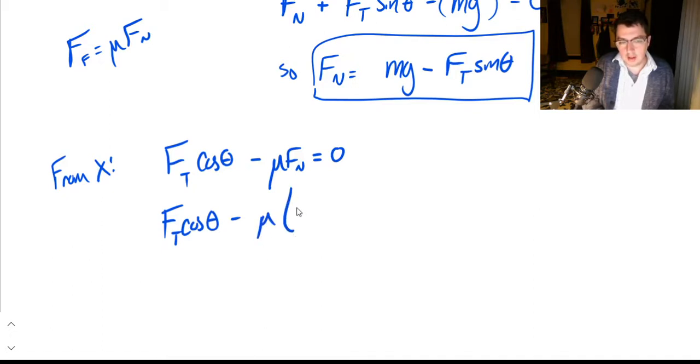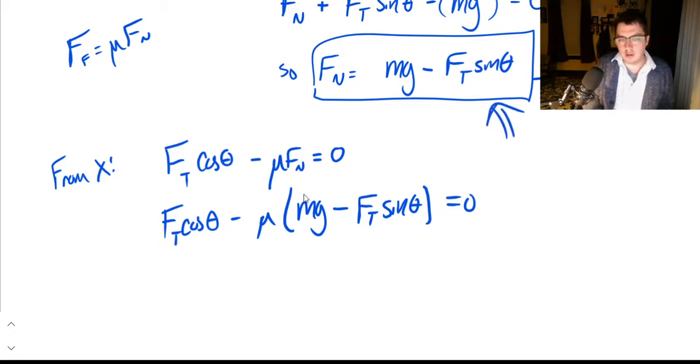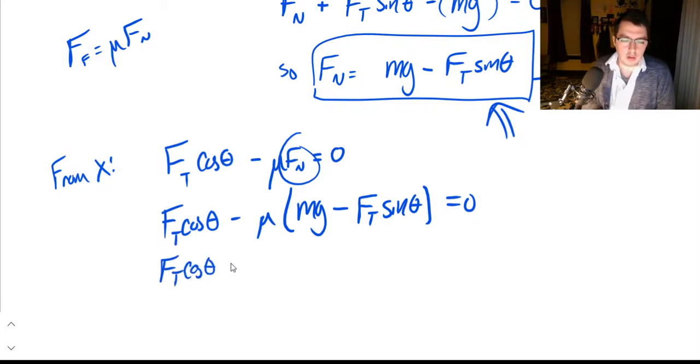I have mu times mg minus F_T sine theta equals 0, putting this in for F_N. Simplifying a little bit, F_T cosine theta minus mu mg plus F_T mu sine theta equals 0.